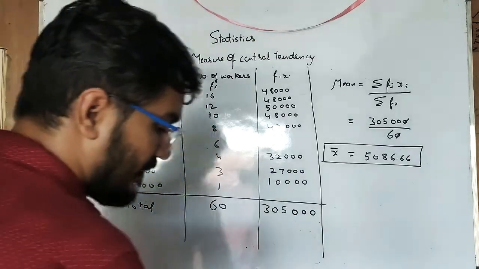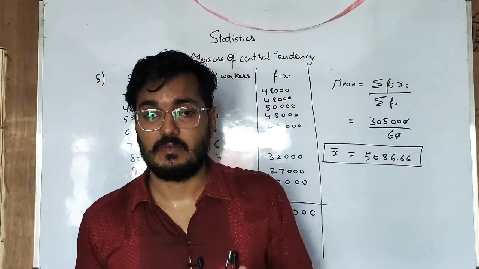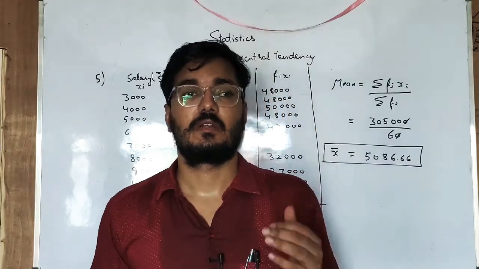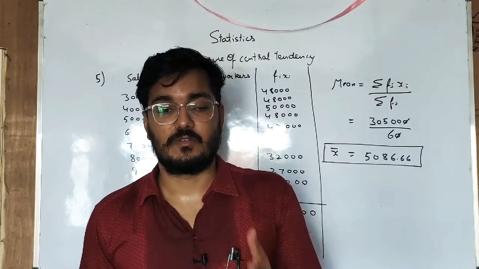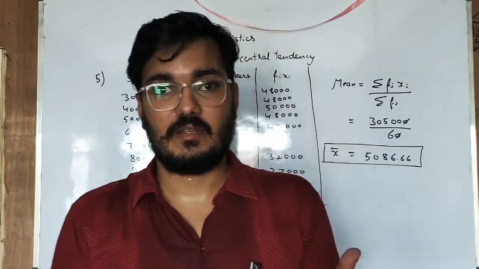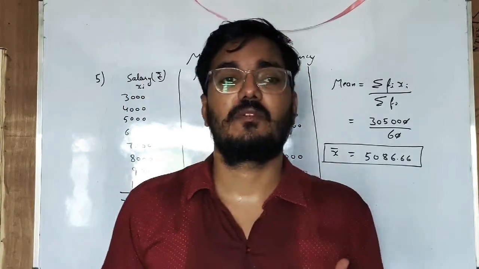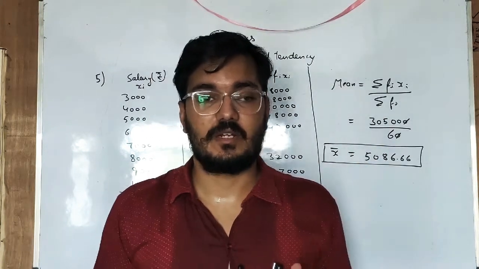So whenever closed data is given, like in decimal form we have like 1.2, 1.4, 1.6, 2.5, 2.3, 2.4. So in this data, if data is varying with small digits, so that time it would be convenient to calculate mean, because mean gives an appropriate value.